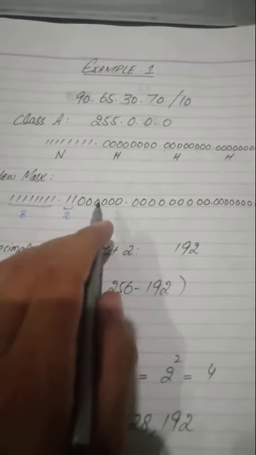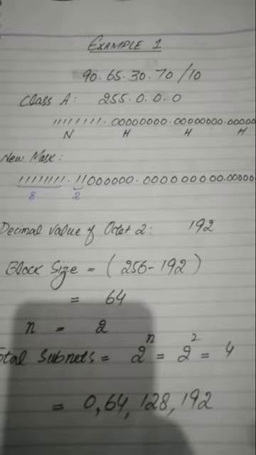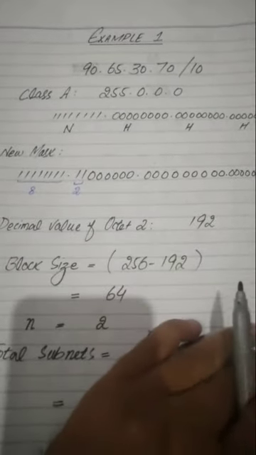So 8 plus 8 is 16, and 6 makes 22. You can also calculate by using a formula: we have a total of 32 bits and 10 bits for network, so we can subtract 10 from 32 and we will get the host bits.